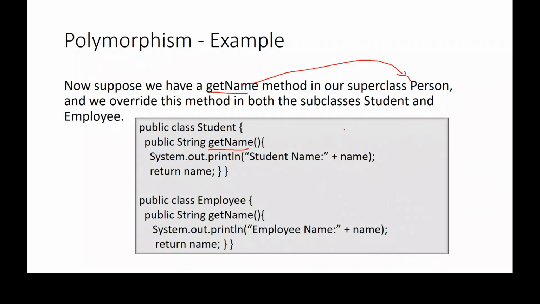And we override this method in both child classes. So in the child class Student, we have a getName method, and in Employee, we have a getName method. This one prints the student name. This one prints the employee name. So this is called override, because we use the same name.